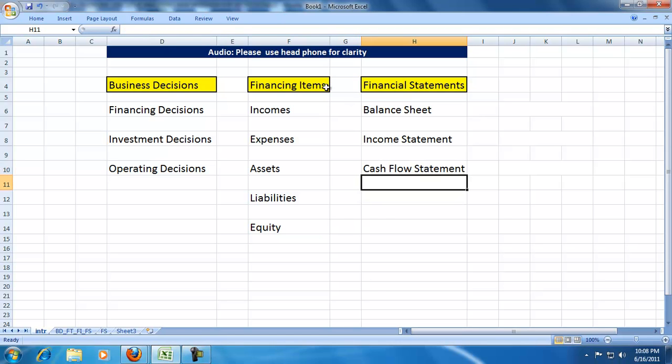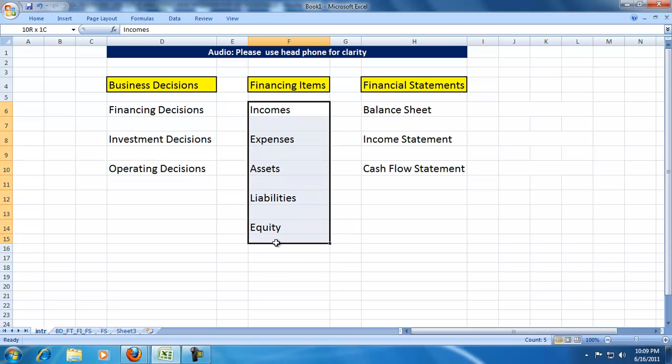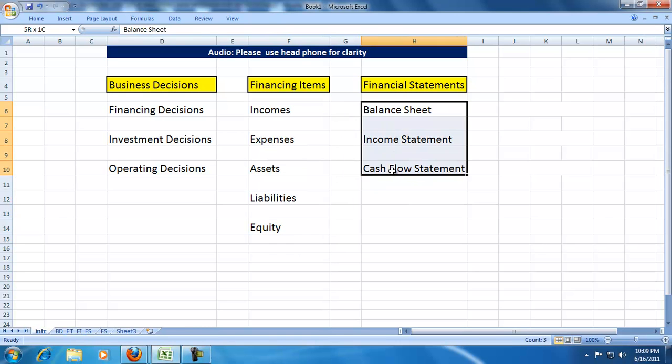That means every business decision, whether it is FD or ID or OD, will involve one of these items, and these items will find place in either the balance sheet or an income statement or the cash flow statement. And this process of capturing the business decisions into financial statements is called financial accounting.